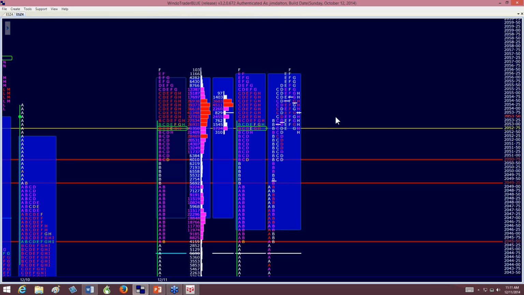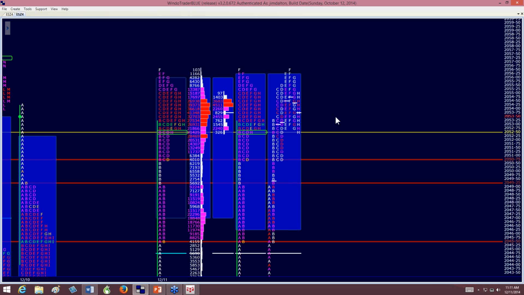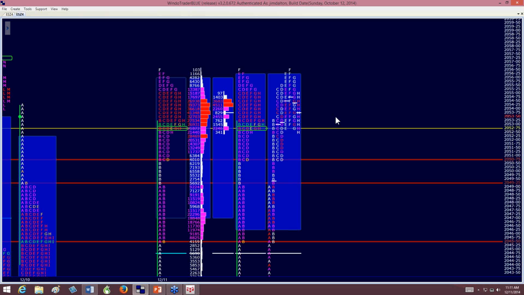Do I like the rally? No. Do I think the highs are in? No. So what have I done? I'm just trading on a day time frame basis, except if I get an opportunity like yesterday afternoon. At the very last minute, I did go home long calls yesterday, simply because the risk reward seemed to be attractive. Early on, I had no intention to do anything yesterday.